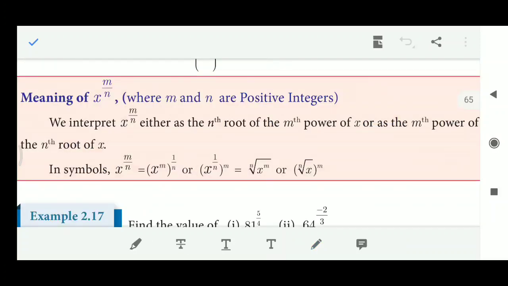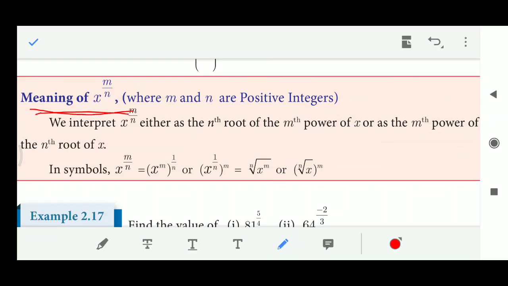Next, understand the meaning of x power m by n. Here m and n are positive integers. Now we can interpret x power m by n in two ways. Either nth root of mth power of x or mth power of nth root of x.